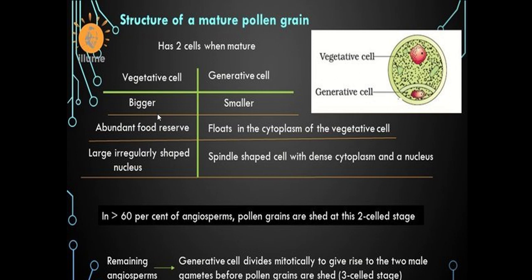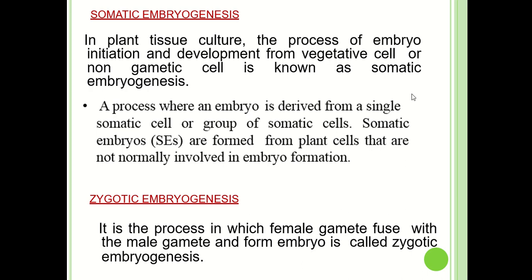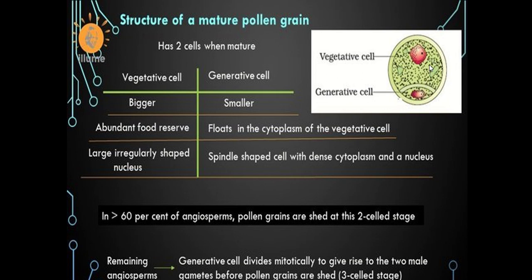But in somatic embryogenesis, from these vegetative cells we are forming the embryos. It is a process where the embryo is derived from single somatic cells, so this vegetative cell is haploid, we can say.